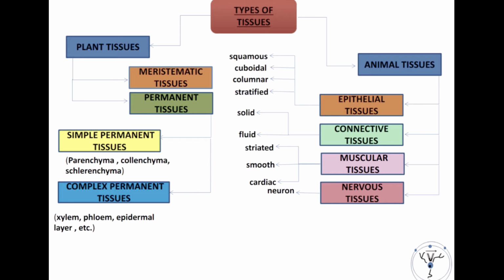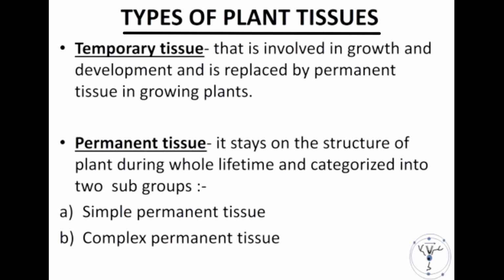The second category consists of permanent tissues. Permanent tissues can be subdivided into two categories, that is simple permanent tissue and complex permanent tissue. Simple permanent tissues consist of cells that are not removed as the temporary tissue was.